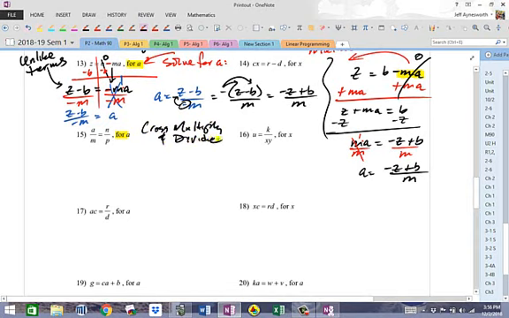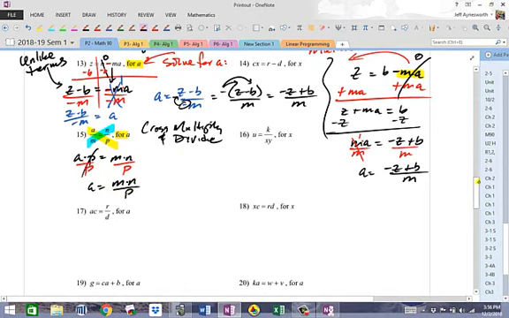So let's go for it. This cross product here, a times p, is equal to the other product, m times n. Cross multiply and then divide. You're solving for a, so divide by p on both sides, and guess what? a is equal to m times n divided by p.